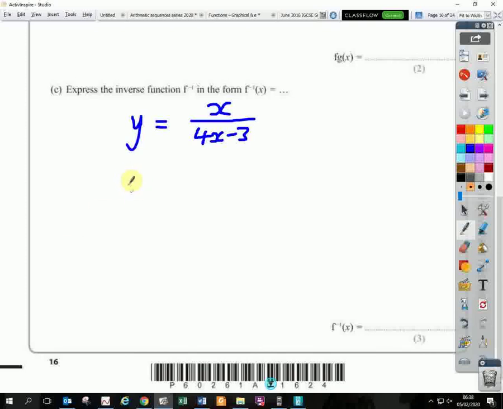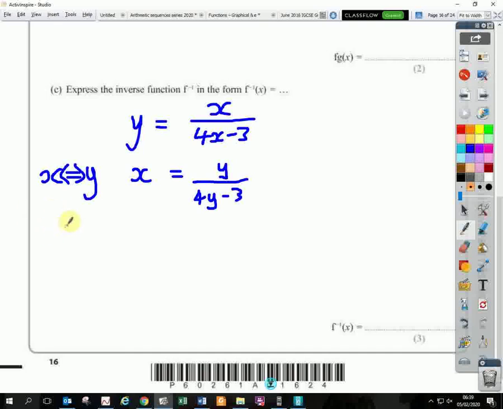What I prefer to do is interchange the x and y to begin with and then rearrange it to make y the subject. So every time I see an x, I write a y, and every time I see a y, I write an x, like this.